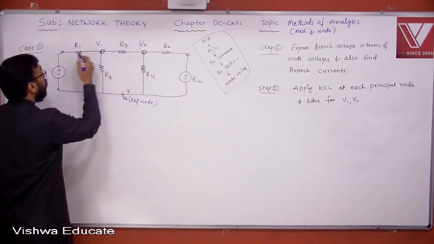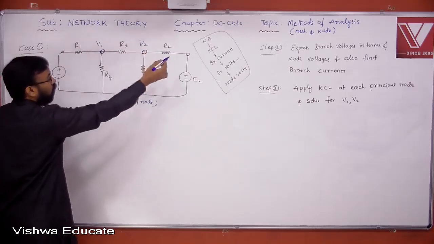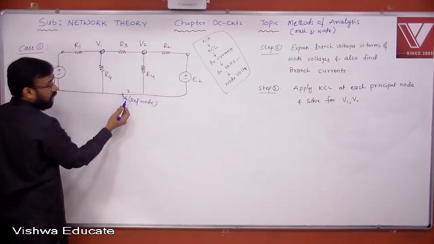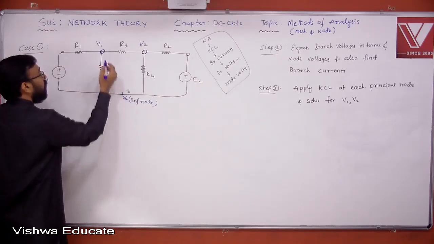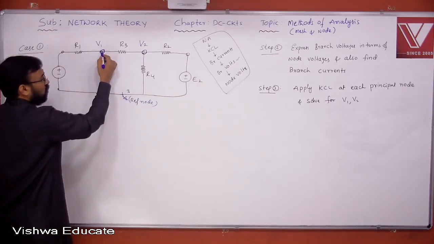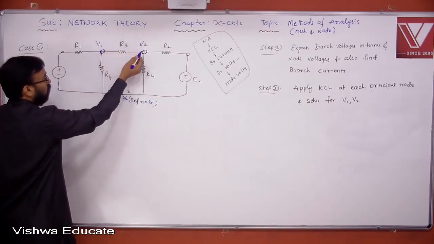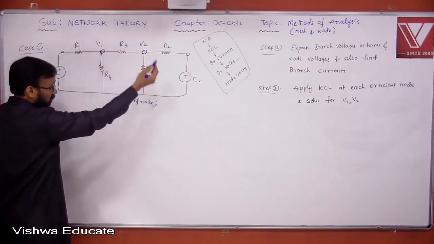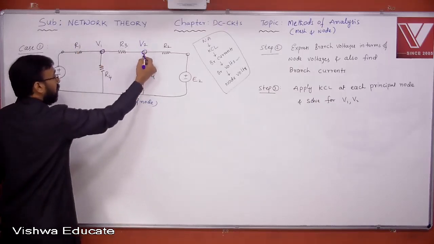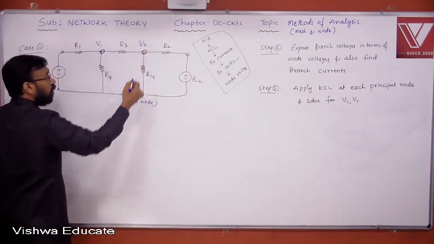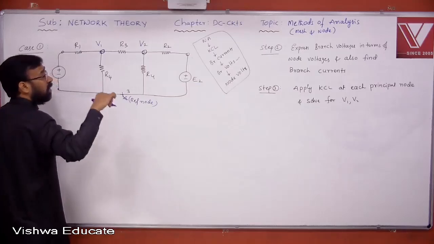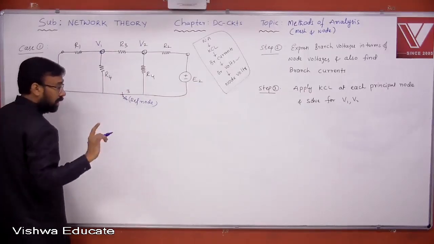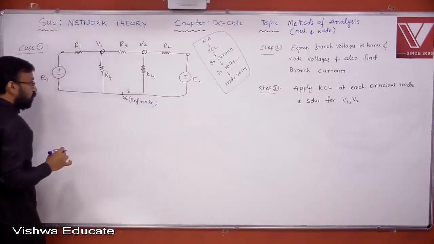Not only V1, V2, but every node voltage is assumed to be at higher potential with respect to the reference node. Next, when you apply KCL at the first node, its voltage is predominating over the second node voltage and also other node voltages. Similarly, when you apply it at the second node, the second node voltage is assumed to be predominating over other node voltages. That's it. It's a very important assumption.